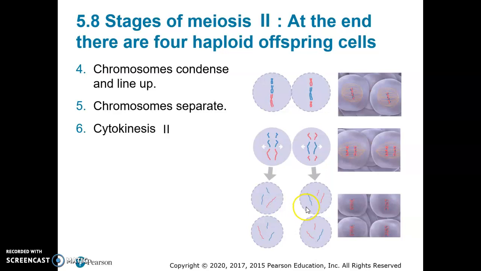If this is the egg that I ovulate this month and fertilization takes place, the offspring has my dad's information for black hair. So, real significant changes. Every one of these cells are haploid cells.